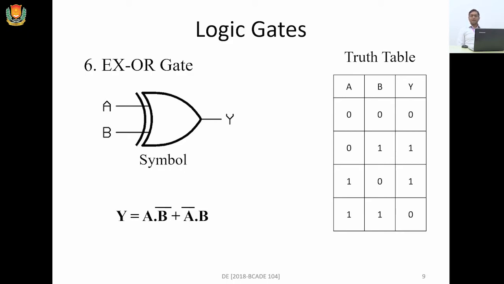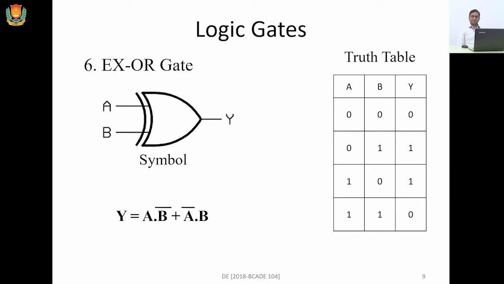If you have different inputs, either 0, 1 or 1, 0, the output will be 1. From here we can conclude the circuit, or the logic gate: output will be 0 for similar inputs and output will be 1 for different inputs at the input port. It is for two inputs.